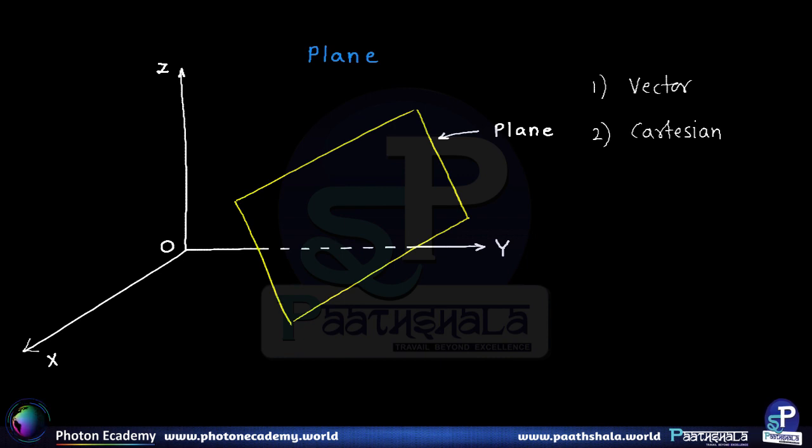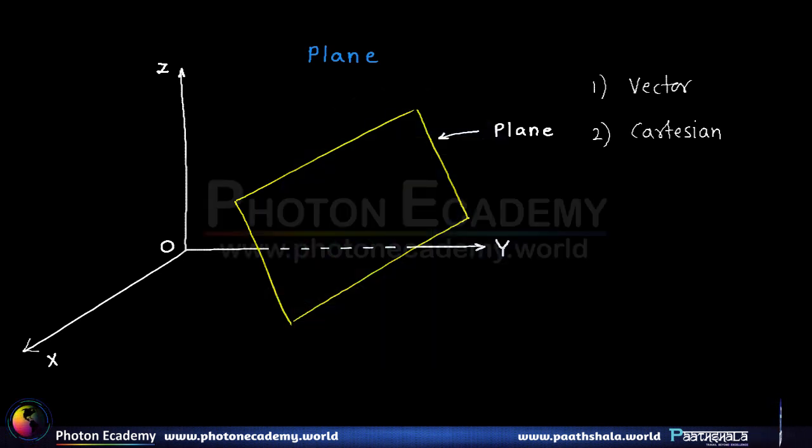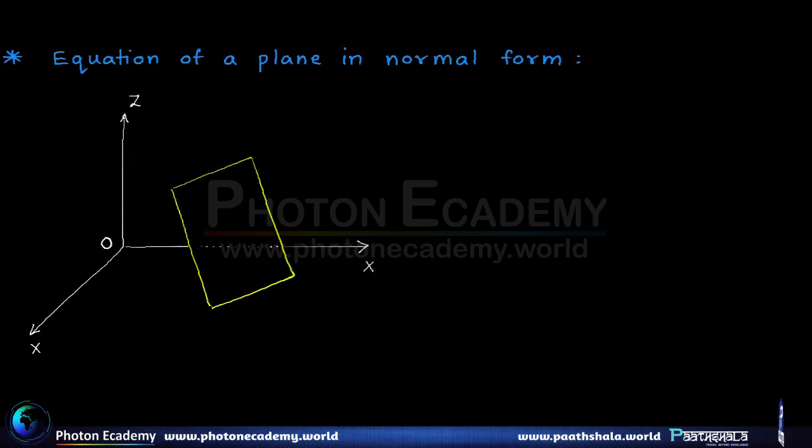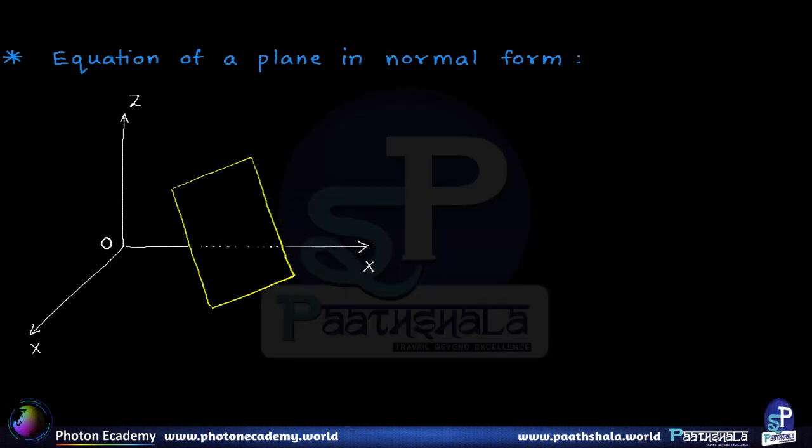So let's go ahead and study the first form of the equation, that is called the normal form. In the case of a plane, we might be given different pieces of information, and based on that we have to develop an equation of the plane. So let us see the first case. By normal form, what we mean is something like this.